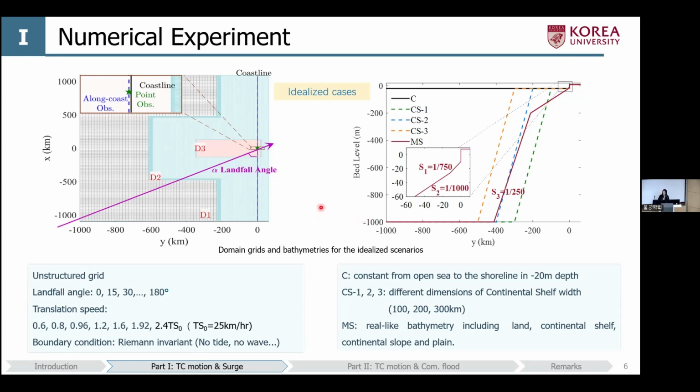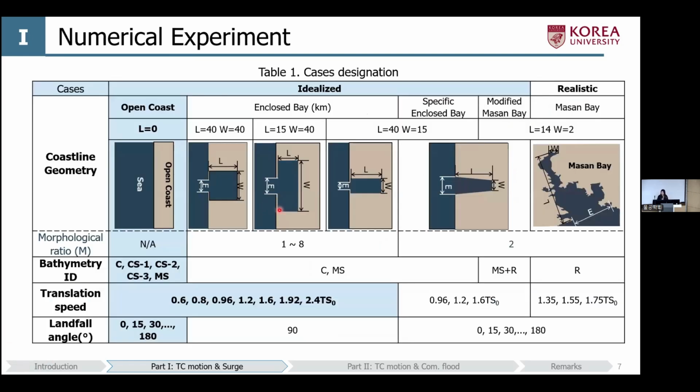So these idealized cases will consider landfall angles from 0 degrees to 180 degrees, and the translation speed in about 7 types. So these are the case designations.